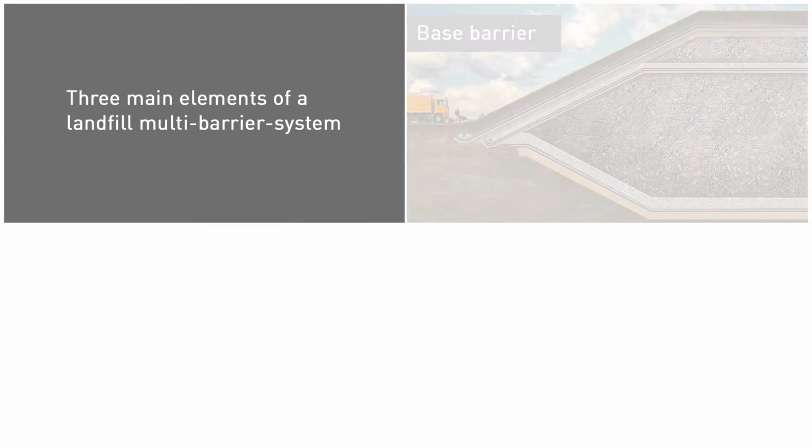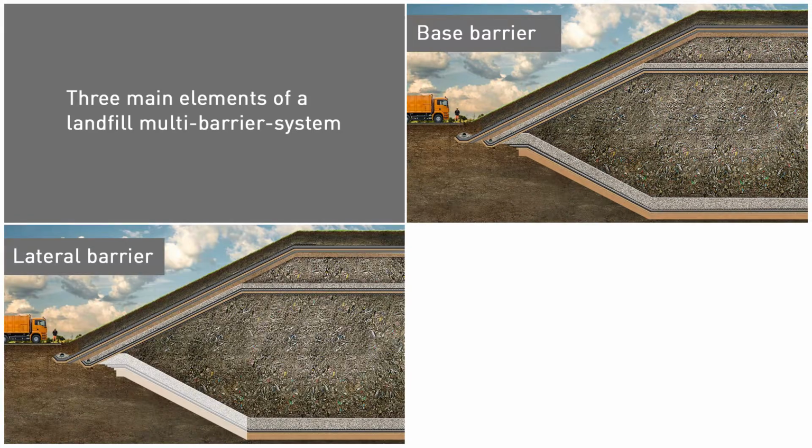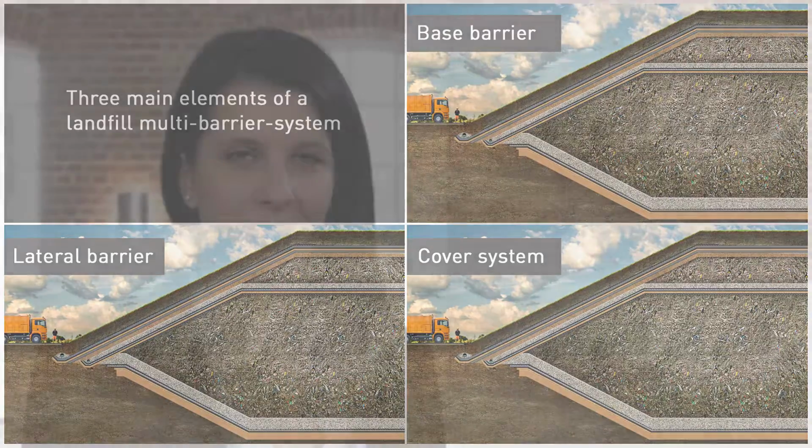The barrier system of a landfill consists of three main elements: the base barrier, the lateral barriers, the top cover. Let us now examine the cover system.